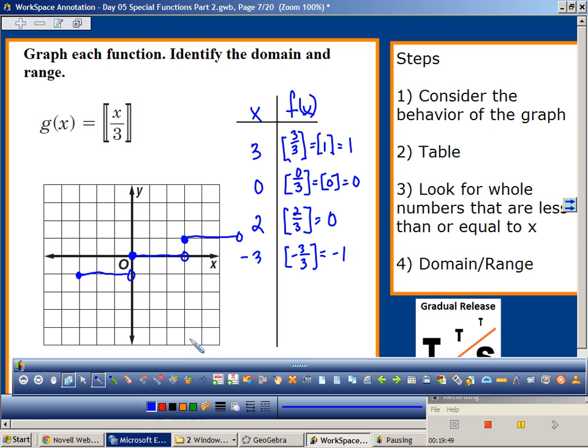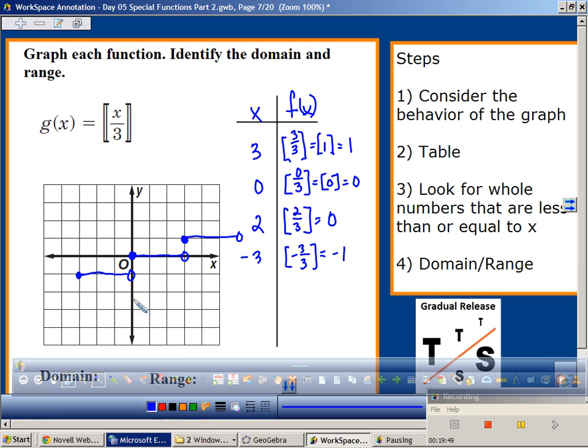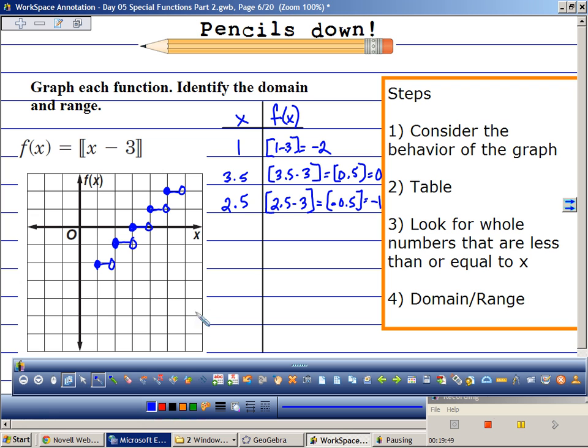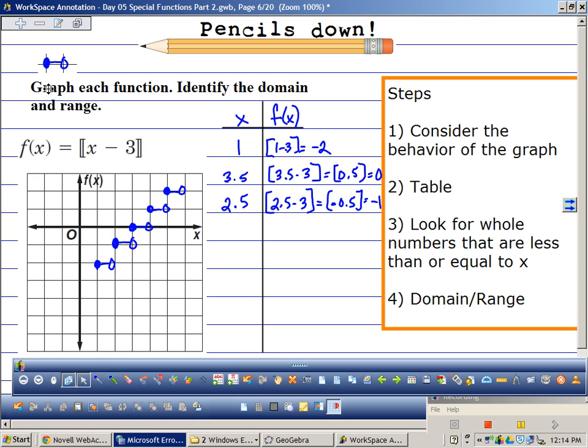Did it shift? It started at 0, 0. Did it shift? I don't really think it shifted, guys. It did this. Like if you were to take a picture of one of these, didn't it just stretch?